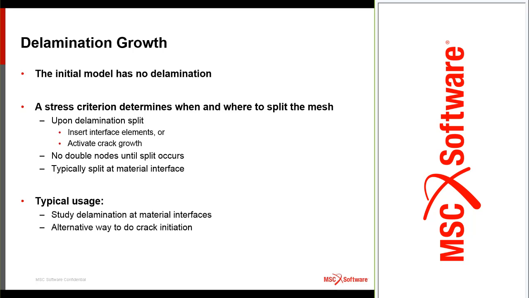And when we split the mesh, we can insert an interface element in the split, or we can activate the crack growth. So we can see that as a way to do crack initiation. And it's all automatic, which is a key thing. You don't have to prescribe up front where it's going to happen. And you do this if you want to study delamination as material interfaces, for instance, or just want this as a way to initiate a crack.